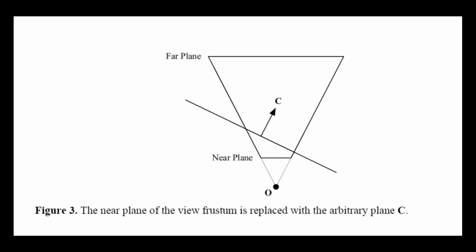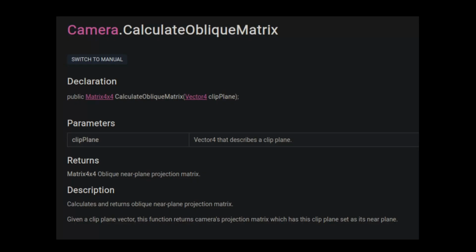Well, my friends, yes, it is possible. This technique is called oblique projection matrix, and it's called oblique because it makes the near clip plane a little bit tilted, it makes it oblique. And Unity does that with the function that I'm showing right now. So yes, this is basically it.